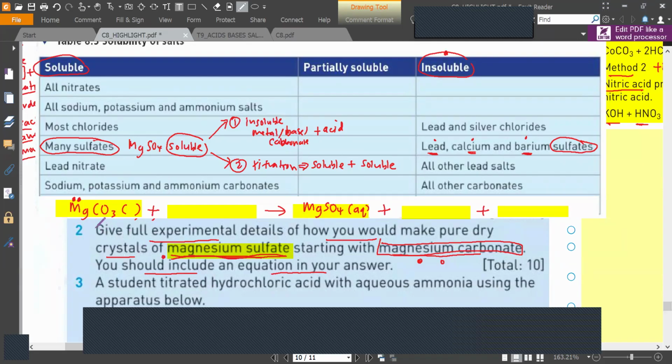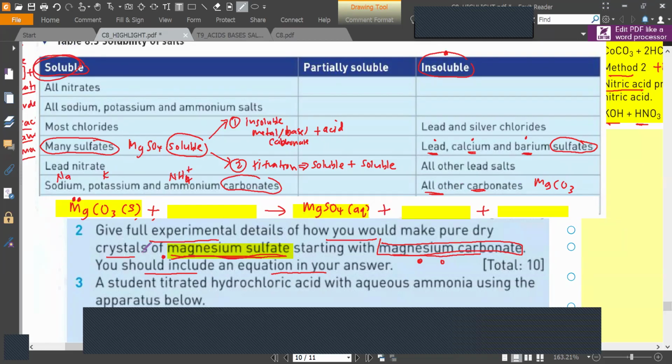Insoluble. Correct, excellent. We know only sodium, potassium, and ammonium carbonates are soluble. All other carbonates will be insoluble, and this includes magnesium carbonate. So this one is insoluble.